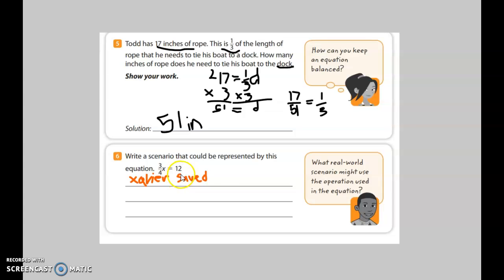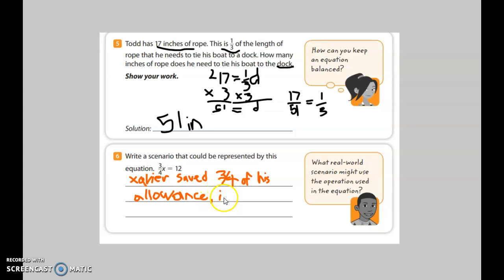Saved, except for my s, saved 3/4, oh that is an ugly 4, of his allowance. Oh man. So Xavier saved 3/4 of his allowance.